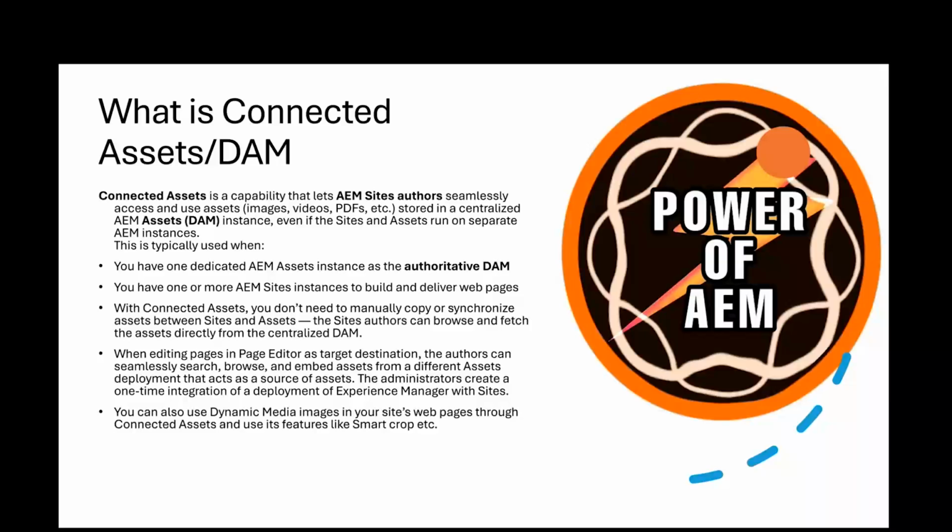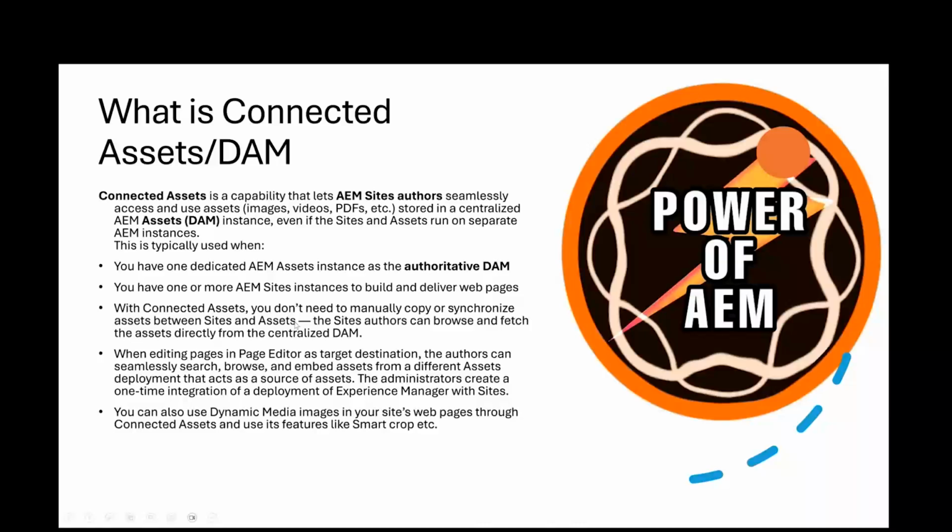If we have a configuration like that at the infrastructure level, it means we are ready to use connected assets. Connected assets lets us do all the authoring-related work only on the asset environment, where you can upload, delete, align your metadata, make changes, generate different renditions, and connect with different products on the asset instance.